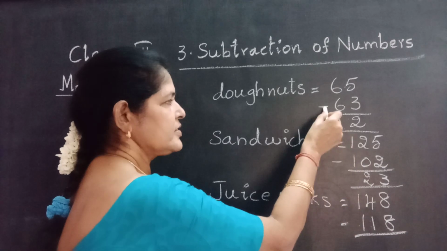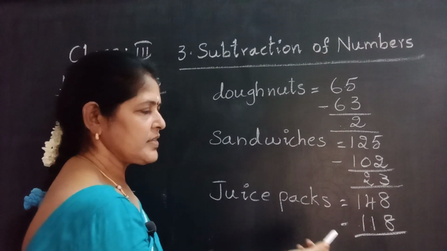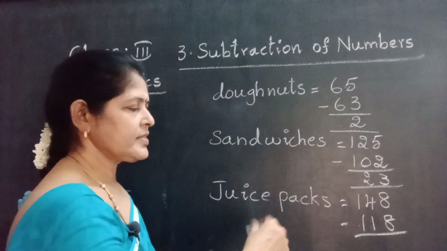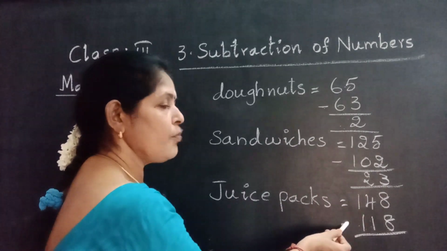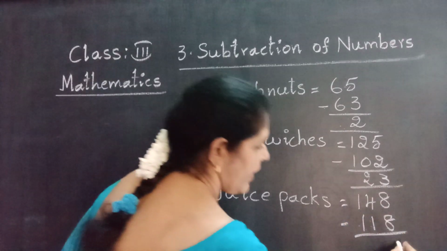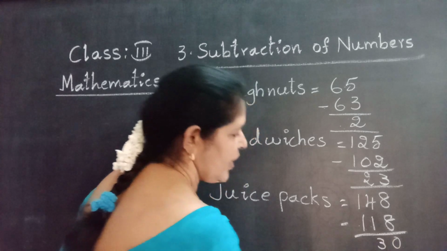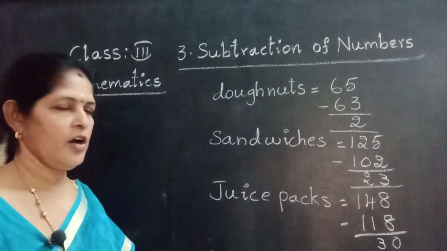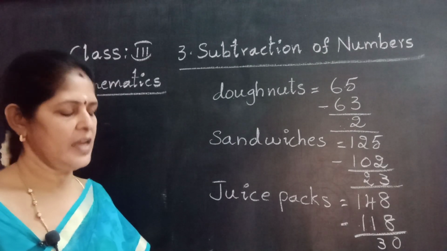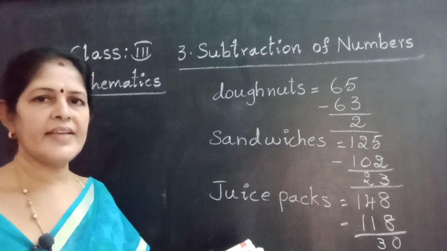Taken away means minus. Here we find out the left juice packs. Left juice packs we get by taking away. The taken away symbol is minus. 8 minus 8, 0. 4 minus 1, 3. How many packs are left? 30 packs are left. Next item goes to pastries.